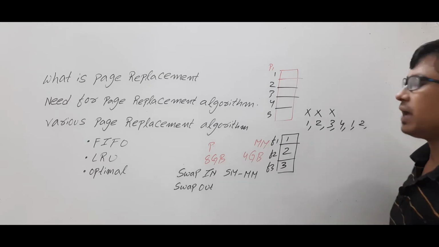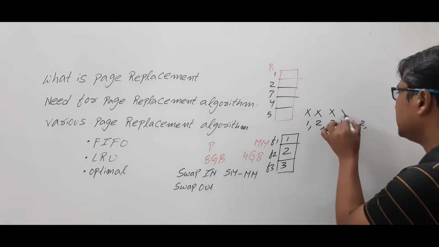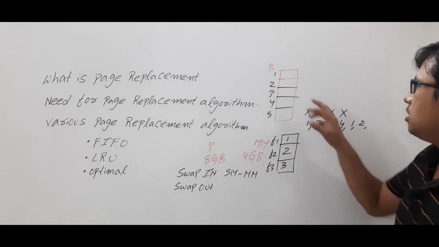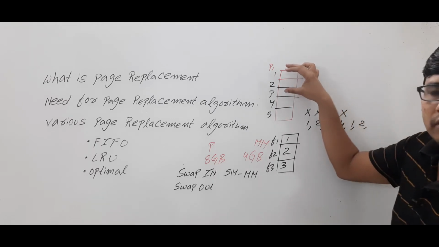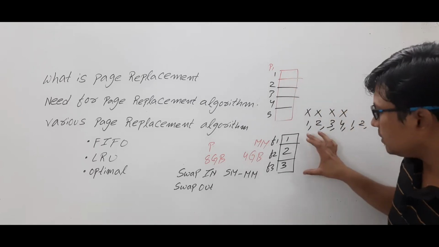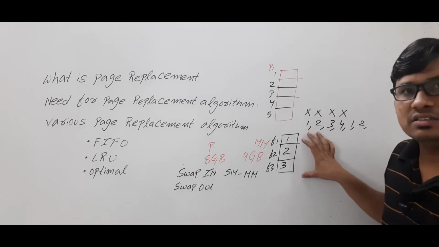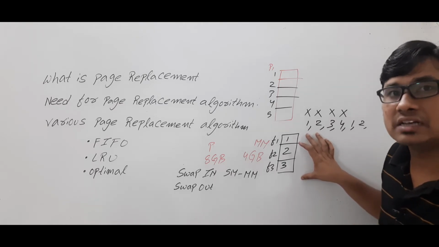Now the CPU is trying to access page number 4. Is page number 4 available? No, it is not available. It is a page fault. Are you able to understand? Now what does the operating system have to do? It has to load page number 4 into the main memory, but main memory is full because main memory has only 3 frames. As the size of a frame is equal to the size of a page, it can have at max 3 pages.